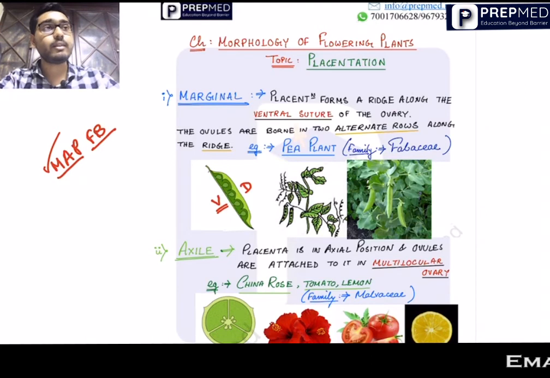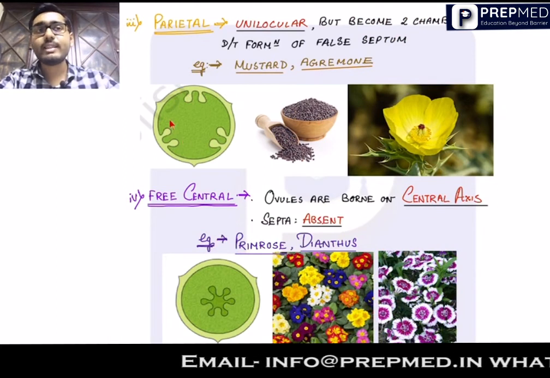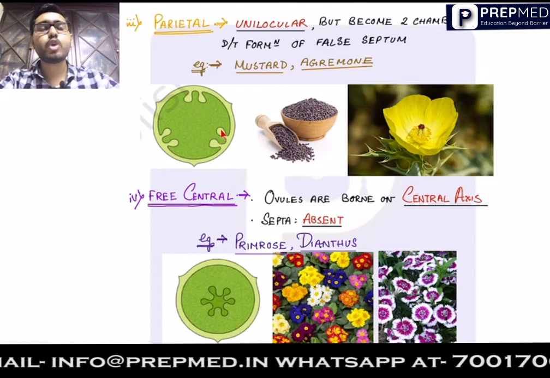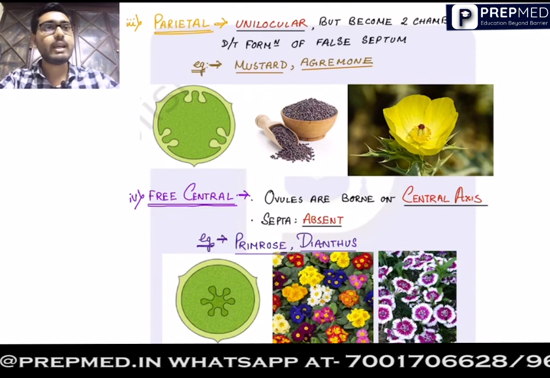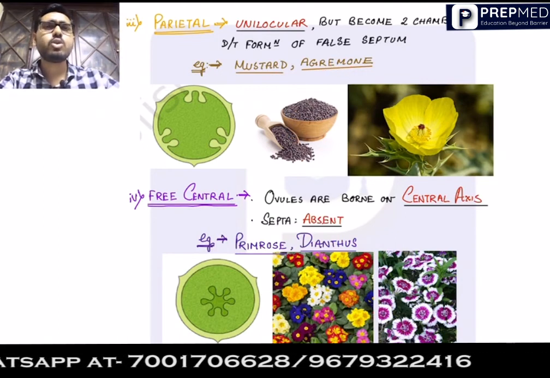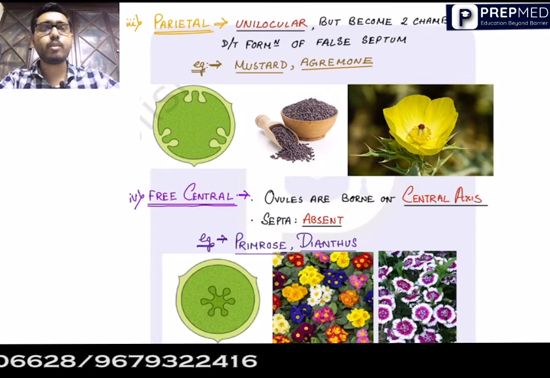Now let's come to the next letter, P, or parietal. It's unilocular, you don't find any septa, isn't it? But it becomes two-chambered due to formation of a false septum. Examples are mustard and argemone. For simplification, I haven't used a lot of mnemonics.